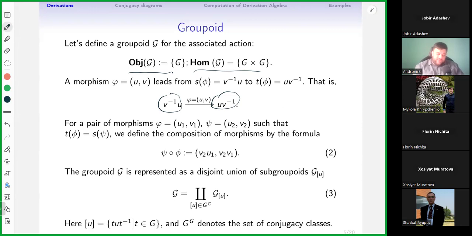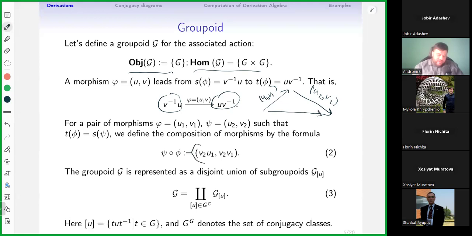It means the following. If you have one morphism, then you have a second morphism. Of course, you need the source of the second morphism to be equal to the target of the previous morphism. Such morphisms are called composable, and you write a composition.